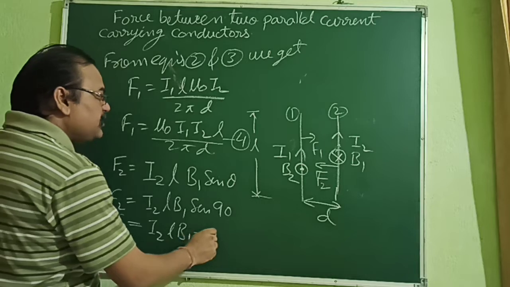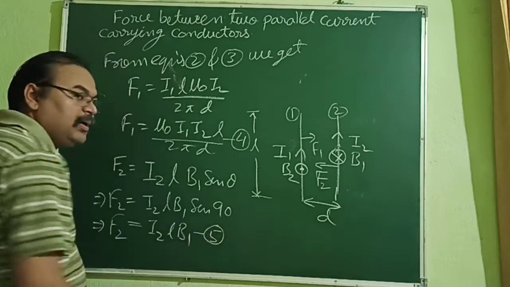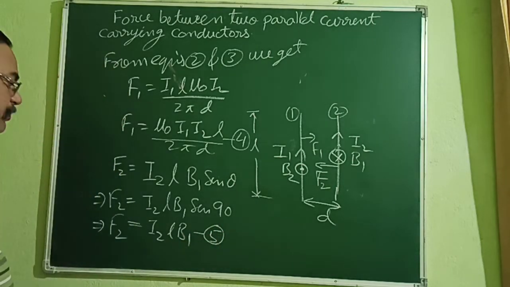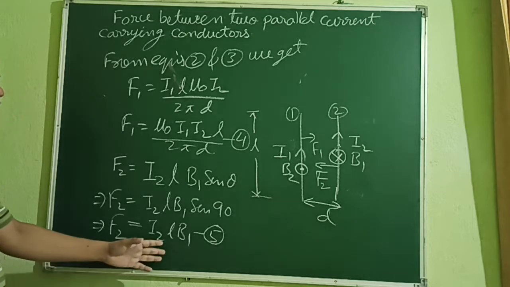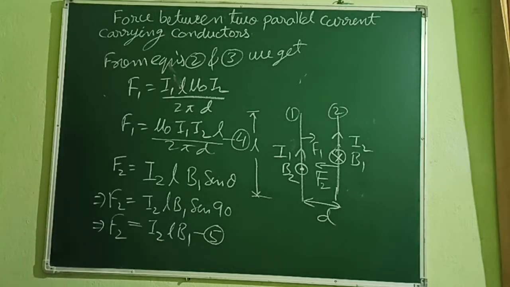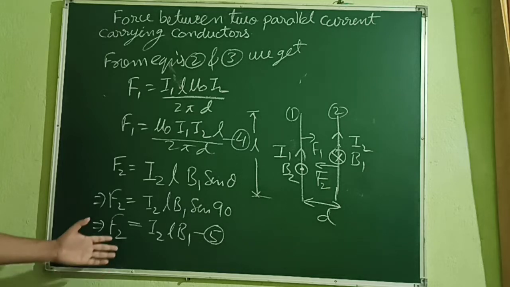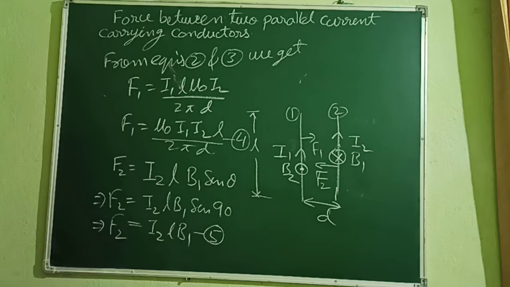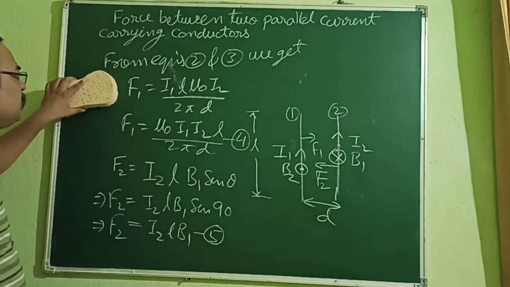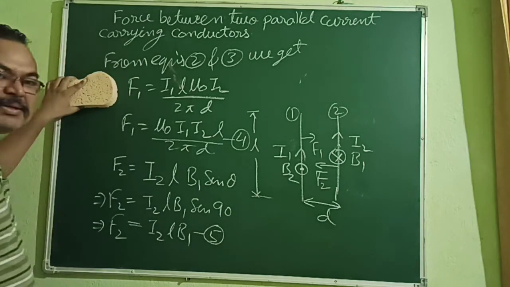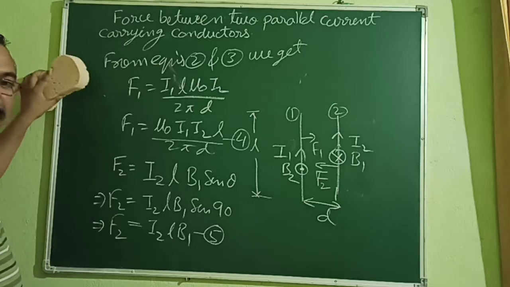So we can mark this equation number 5. And once we have marked this, we can put the value of B1 from equation 1. So now from here we have to put the value of B1 from equation 1. Now see, derive this. Done. Very nice.